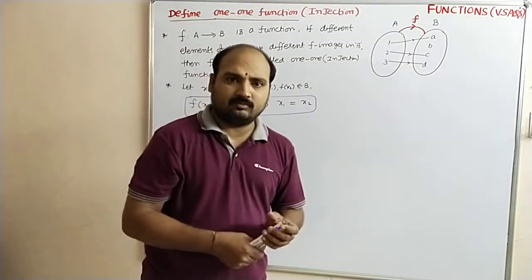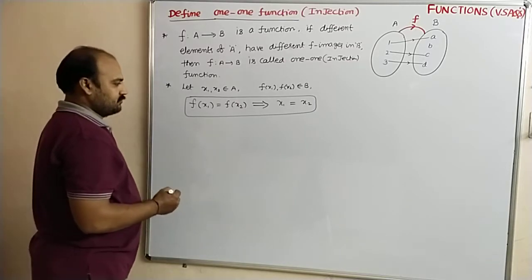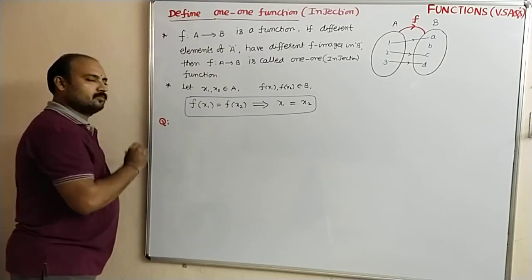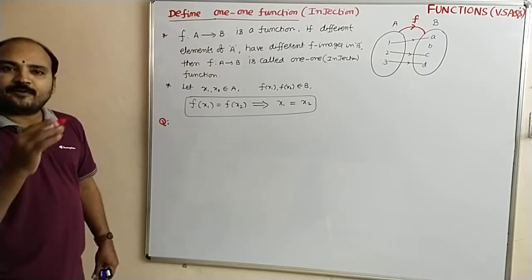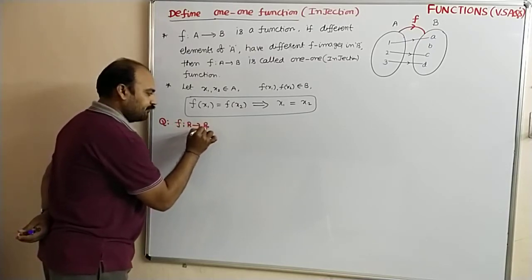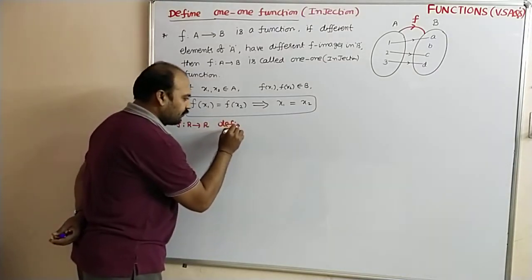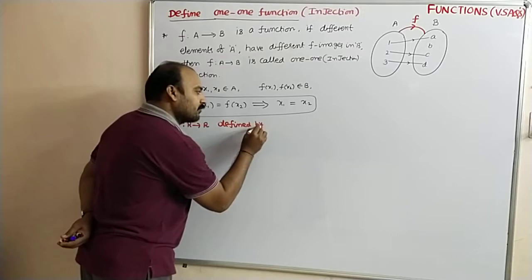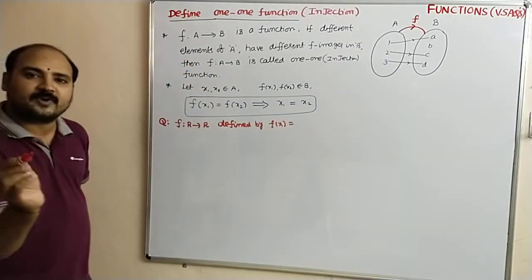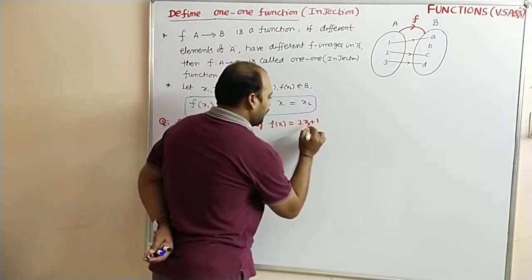For example, there may be a chance to ask a question: f from R to R, defined by f of x equal to 2x plus 1, divided by 3.